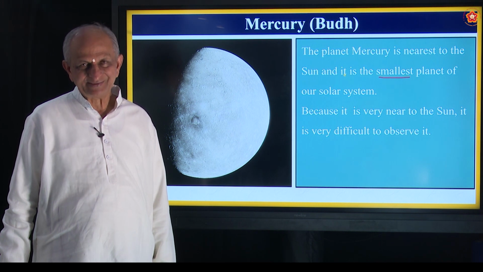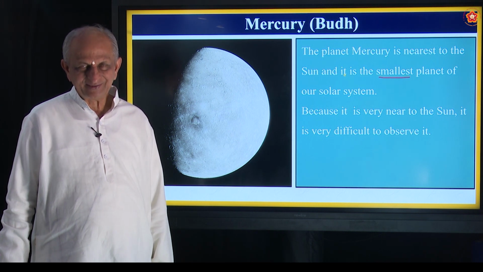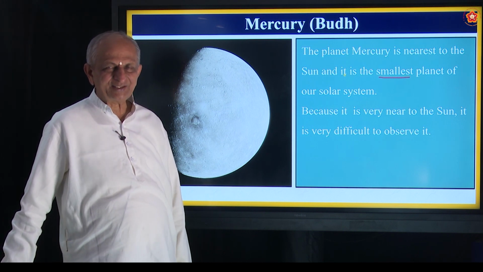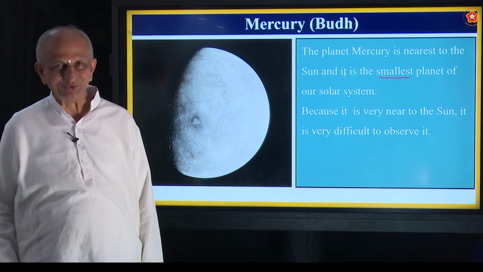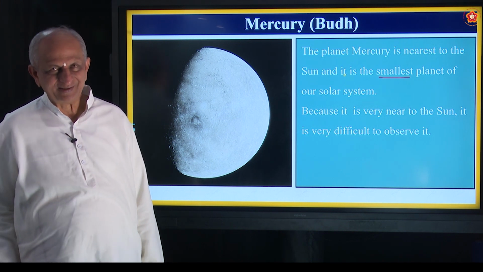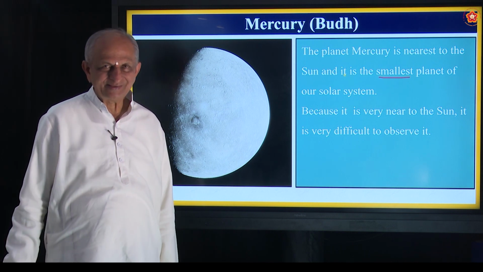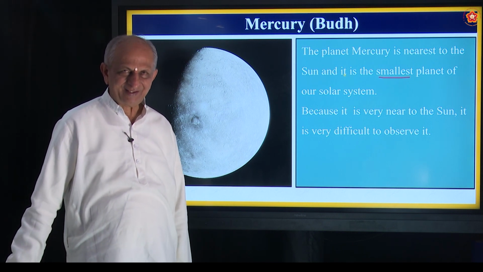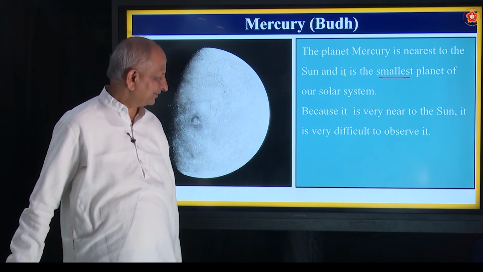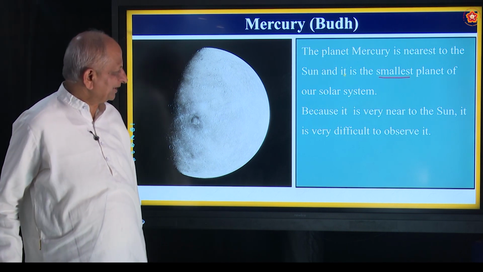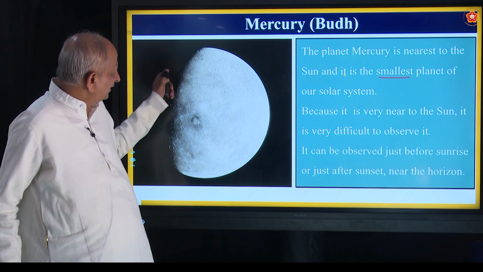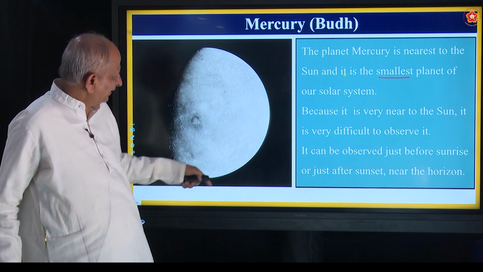Brightest planet, Venus. Nearest planet, Mercury. Farthest planet, Neptune. Beautiful planet, Saturn. Blue planet, Earth. Red planet, Mars, and so on. It is very near to the sun, so it is very difficult to observe. Because it is very near, the temperature of the surface is very high.